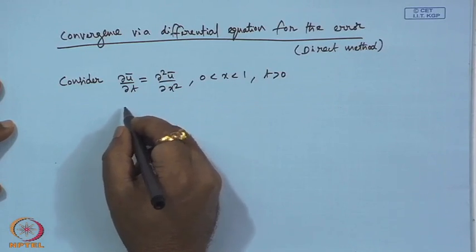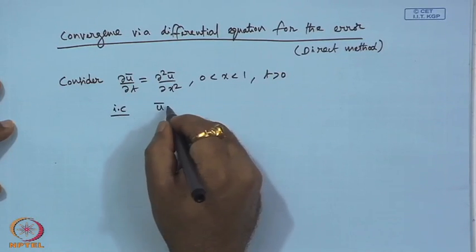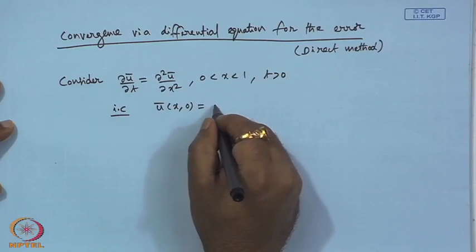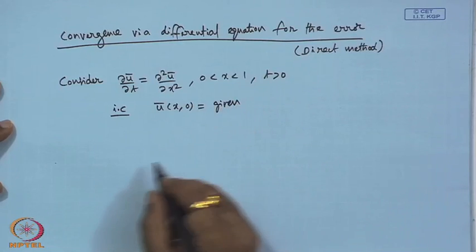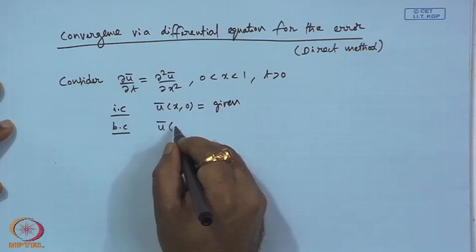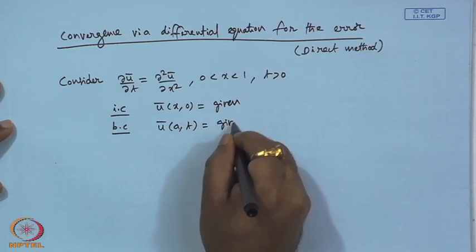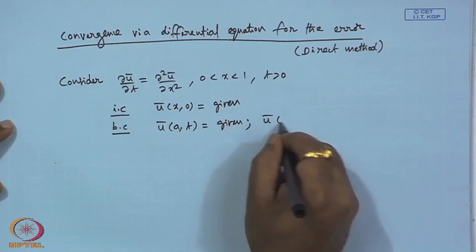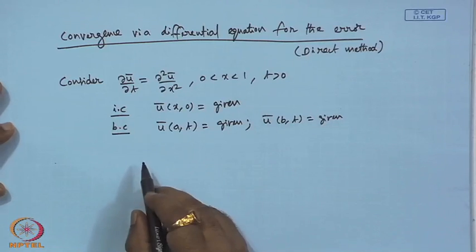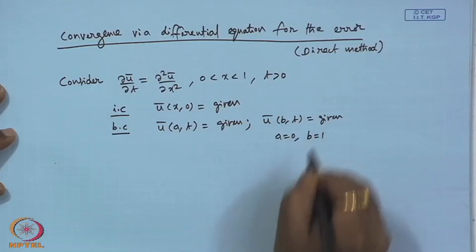Then initial condition, so u bar is given, then boundary condition u bar a t is given, u bar b t is given. So, in this case a equals to 0, b equals to 1.